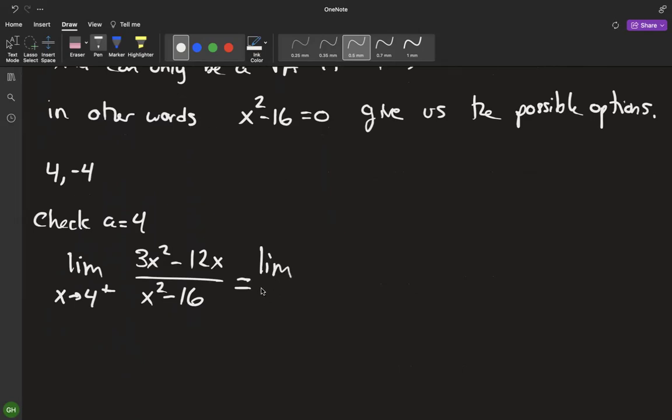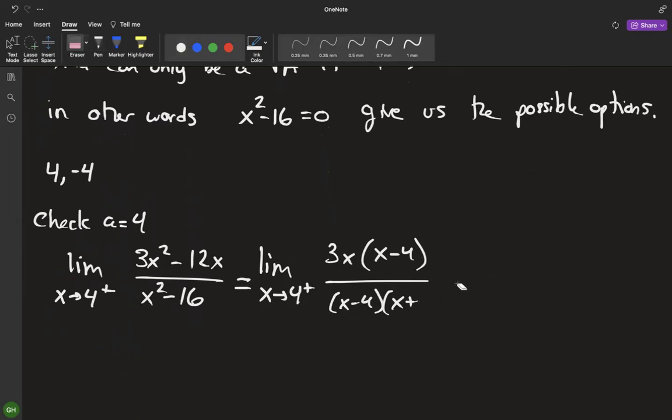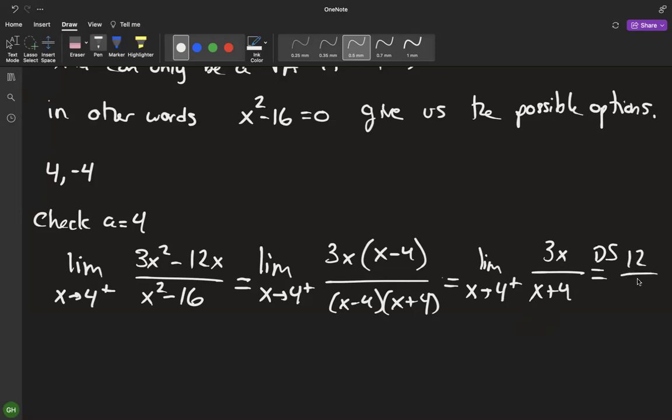So this is the limit as x goes to 4 from the right of 3x times x minus 4 over x minus 4 times x plus 4. And I even get cancellation because I'm taking the limit here. So I'm going to get 3x over x plus 4. And then doing direct substitution gives me 12 over 8.